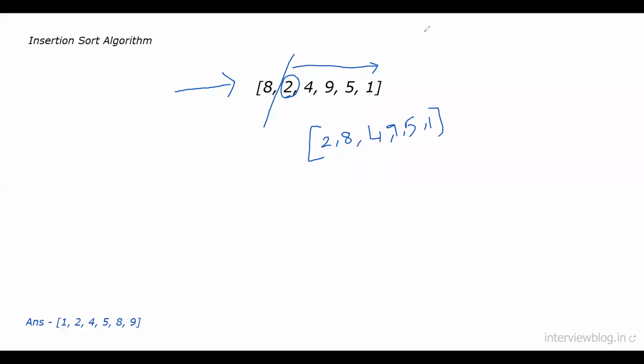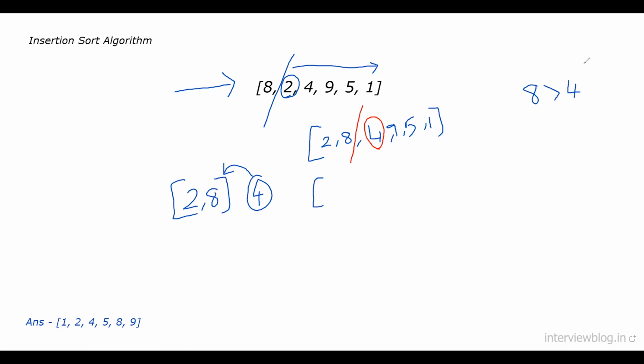So now my tentatively sorted list is 2, 8 and the remaining unsorted part of the array is 4, 9, 5, 1. Now I'll be picking up this 4 and inserting it in the tentatively sorted list. First I'll compare 8 and 4. Since 8 is greater than 4, we'll be performing a swap and our tentatively sorted list will now become 2, 4, 8.